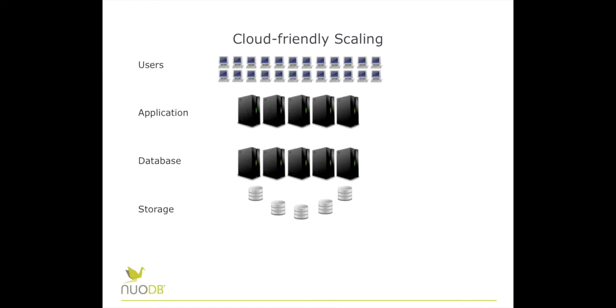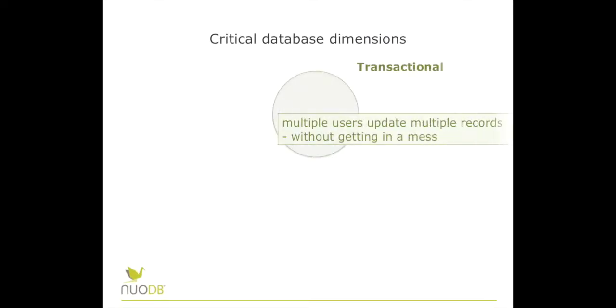So now if we had this cloud-friendly scaling, as I describe it here, wouldn't we be in a better place? Okay, if that's what the problem is, let me step back and talk about some of the thinking that went into making NuoDB the way it is, and some of the thinking that I use when looking at applications and how one might migrate those to the cloud.